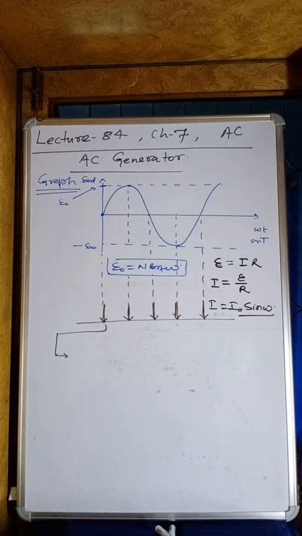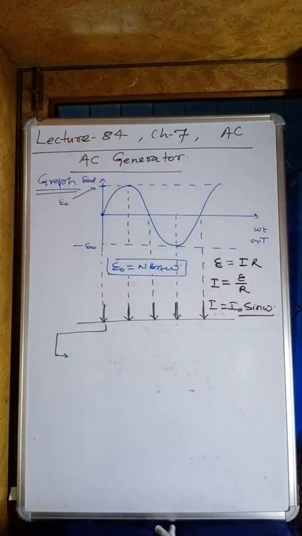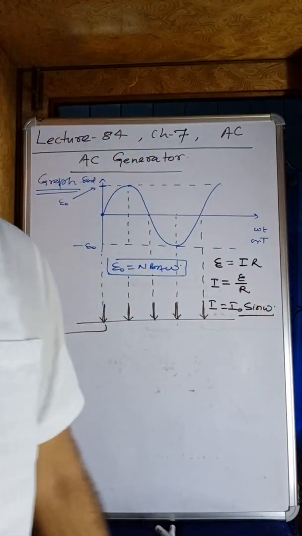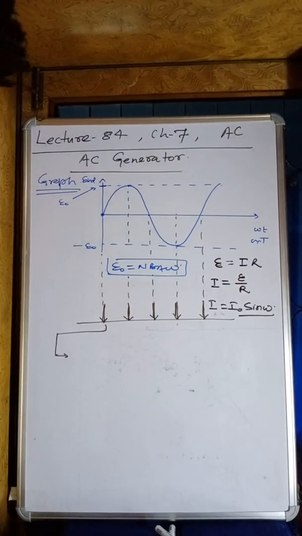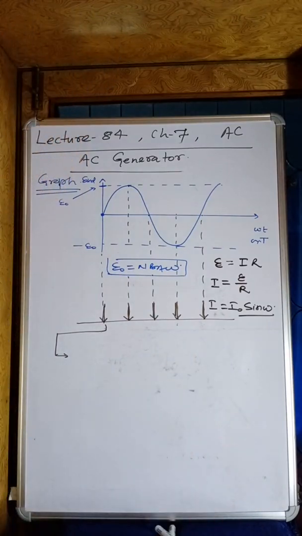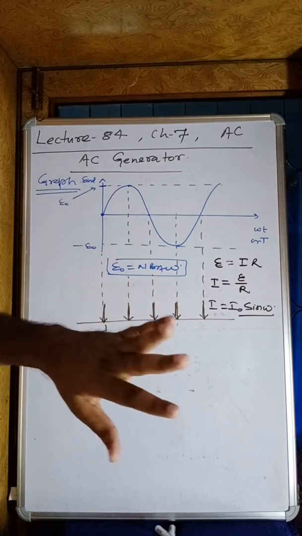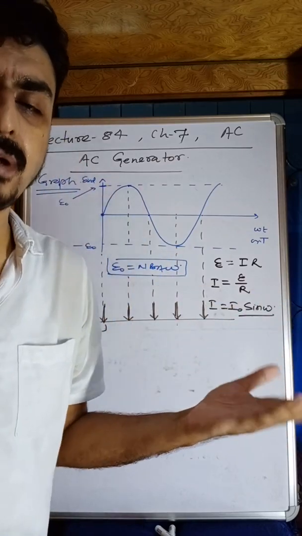The maximum value we get of voltage, at the same time we get the maximum value of the current. But here we have the concept of flux, which is something different. If the flux is changing maximum, then we will have the current maximum.